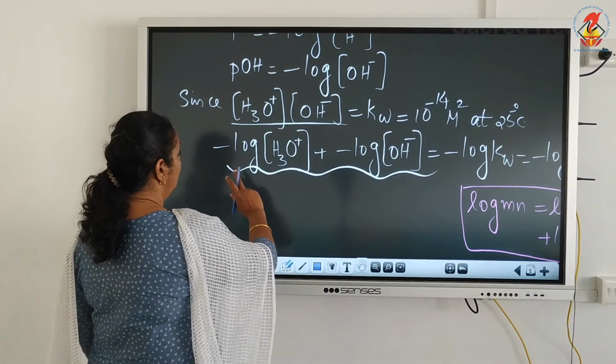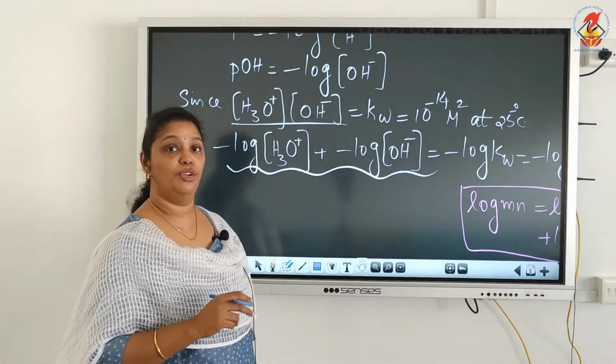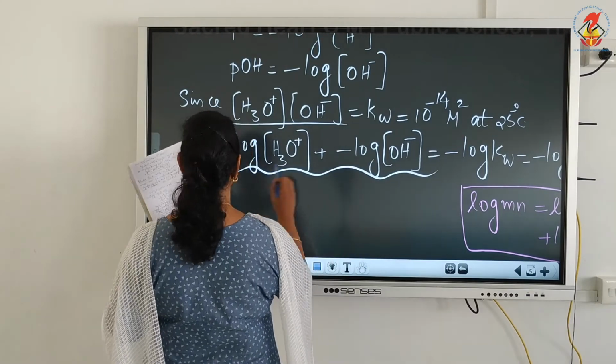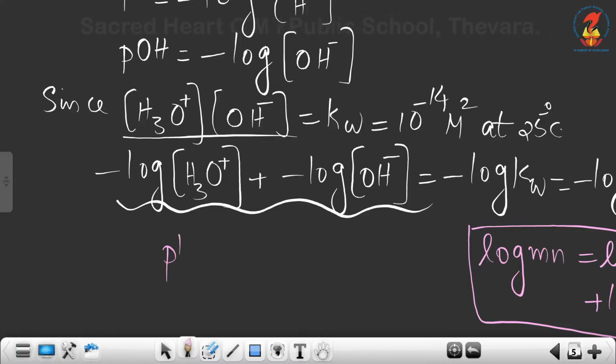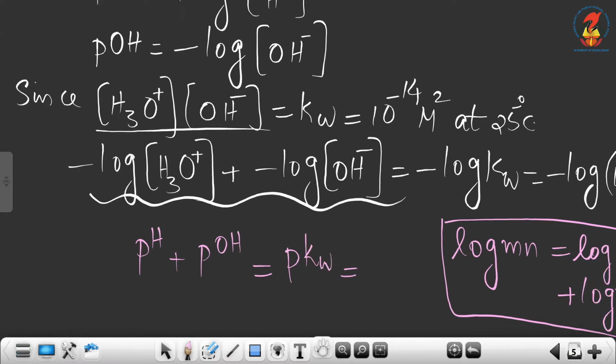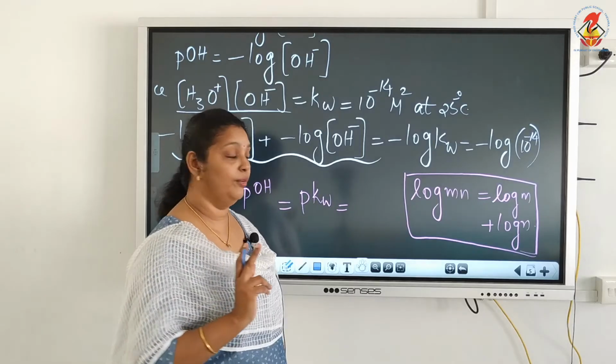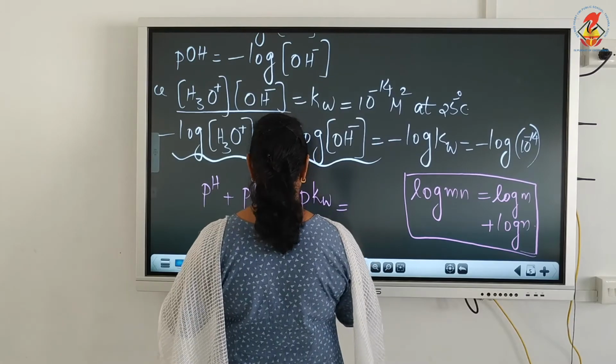Now you know that minus log concentration of H3O plus is our pH. So I am going to write pH instead of minus log concentration of H3O plus. Then minus log concentration of OH minus is pOH. So pH plus pOH is equal to minus log Kw, which is pKw, and we know that minus log 10 raised to minus 14 is 14, which is equal to 14.